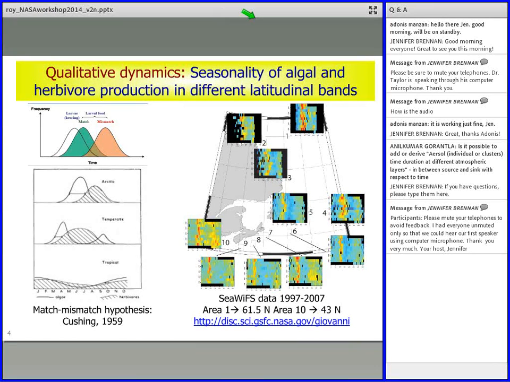So let's start with the first topic, which is the qualitative dynamics of phytoplankton. We know that the seasonality of algae and herbivore production depends on latitude.